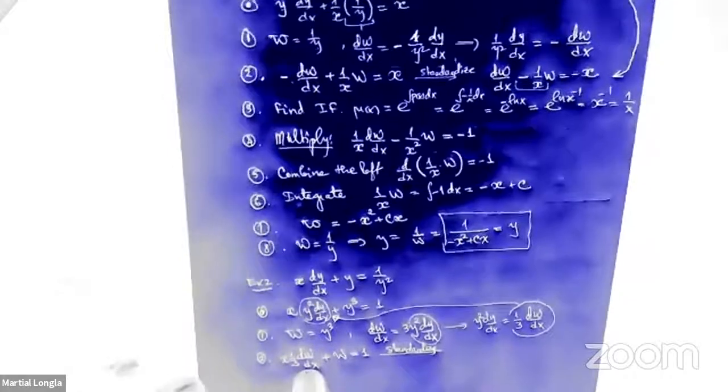And now comes the step that we wanted to do earlier, standardize, which means make sure the coefficient of dw over dx is 1. How do we do that here? We multiply by 3 and divide by x right away. So it's going to be dw over dx plus 3 over x w equals 3 over x. That's it in one step.